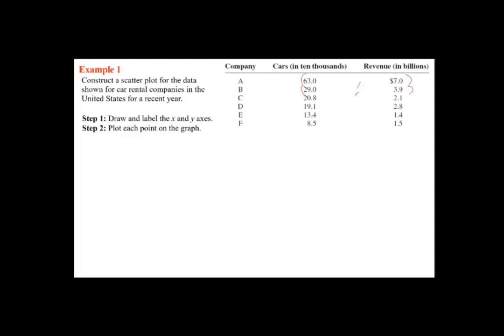So we have 1, 2, 3, 4, 5, 6 pairs, and we're going to plot the points. I don't think anybody has any problem with points. You just have to be fairly careful, especially when you have a small data size, and plot accordingly.